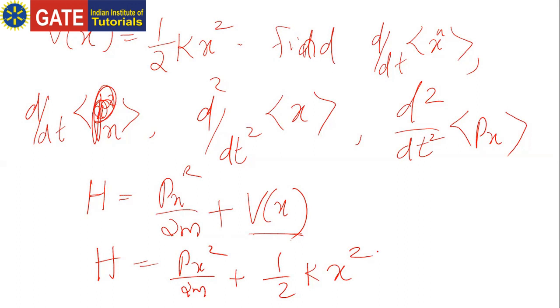First, find d by dt of expectation x. Use the formula and substitute. We know that d by dt of expectation x is px by m. Next, d by dt of px is minus expectation dou v by dou x. So d by dt of expectation x equal to px by m. This is the answer.